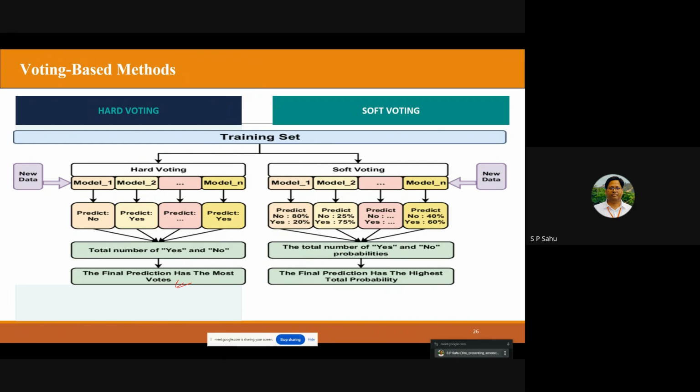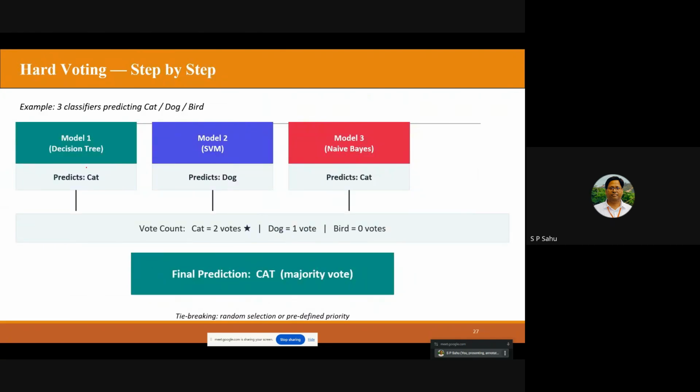Here we calculate the yes value and the no value. If the yes value is greater, the applied sample may have a yes case, or if the no case is higher, then the no case, meaning the normal case, will be there. That's it.